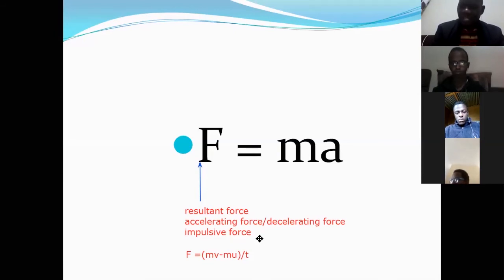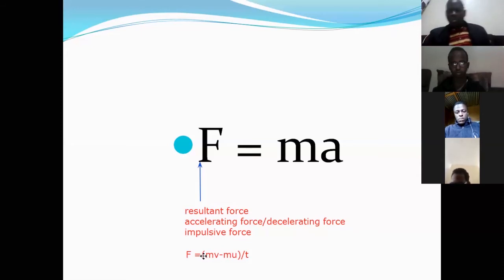So this person will not be injured seriously. But if you don't put on the seat belt, in case of a head-on collision the driver holding the steering will hit the chest on it and it will take the shortest time. So the impulsive force experienced will be higher.